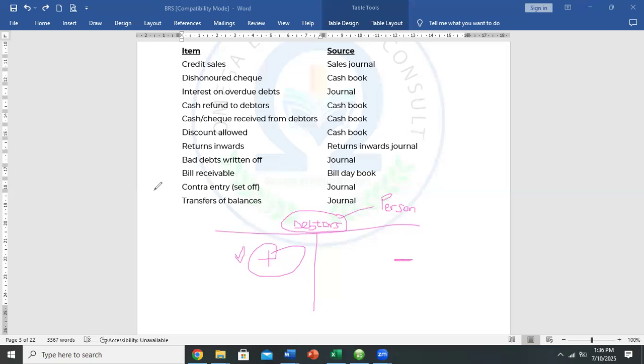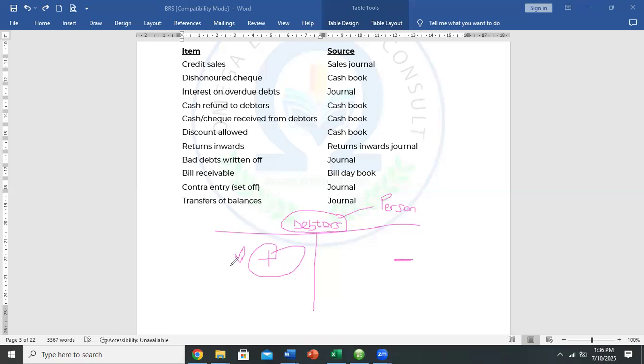Is anybody here disagreeing with Adam's point? So according to Adam, credit sales increases debtor's balance, and for that matter, it should be debited. And of course, there's no doubt about that. It is true. What is credit sales? Credit sale means you are selling to the customer and the person is not paying. So the more you sell to the person on credit, the more the person will owe you.